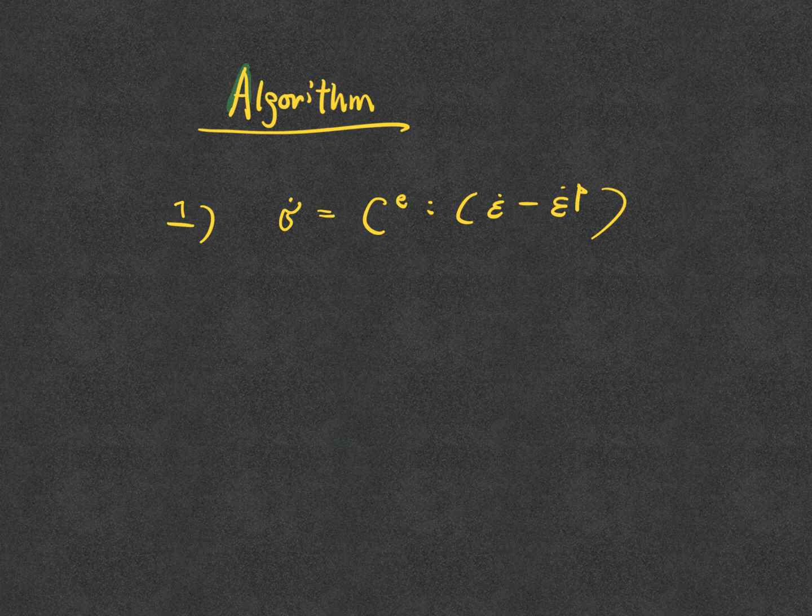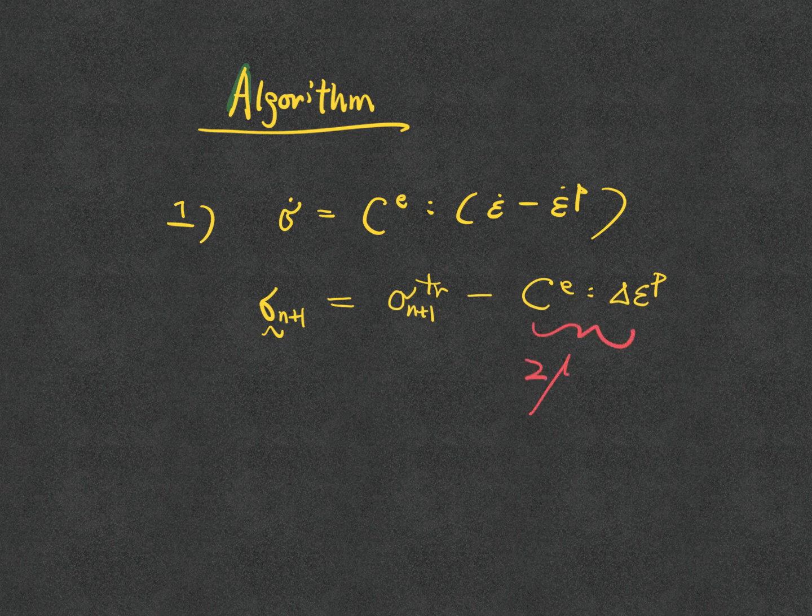And if we use a return mapping algorithm, that would give us sigma n plus 1 equals the trial stress minus the correction term, which is actually this last term, equal to 2 times the shear modulus times delta lambda times the plastic flow direction n at n plus 1, using the backward difference.